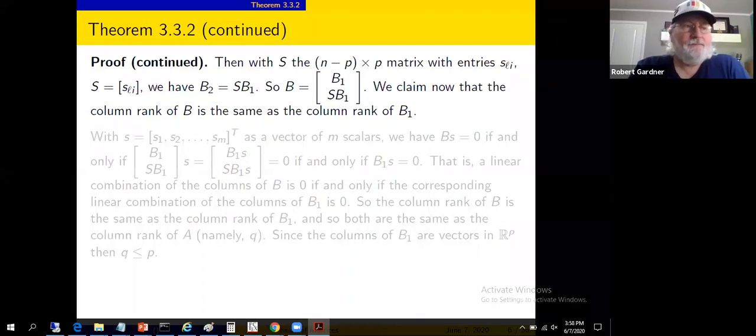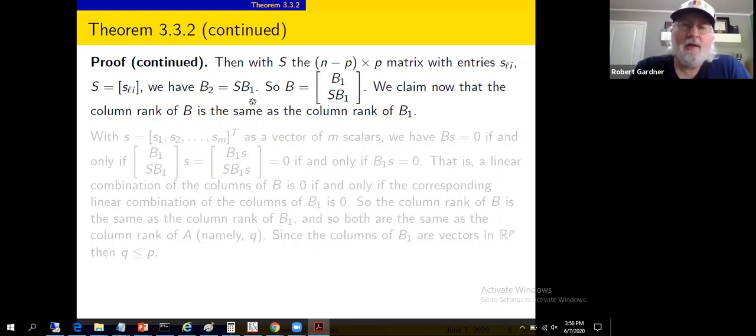Remember, if I consider something of the form A times X, A is a matrix, X is a vector, those X entries become coefficients of a linear combination of the columns of A. Here we're multiplying B sub 1 on the left, so we're getting linear combinations of the rows of the matrix B sub 1.